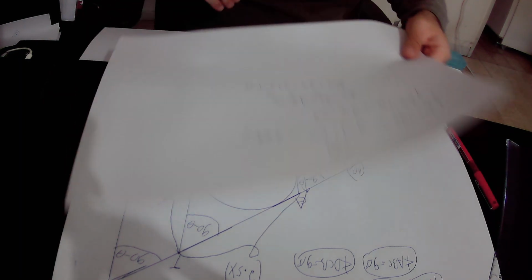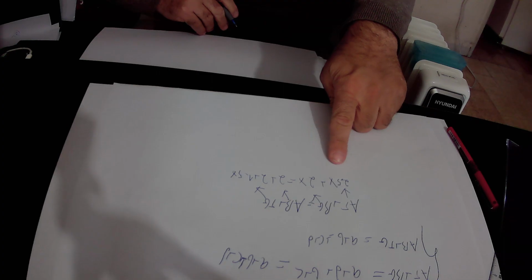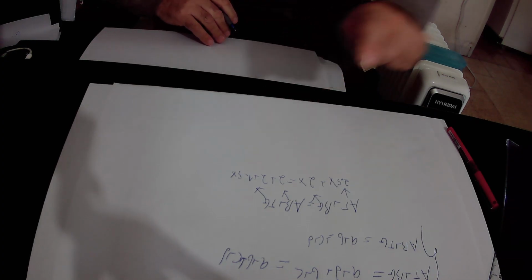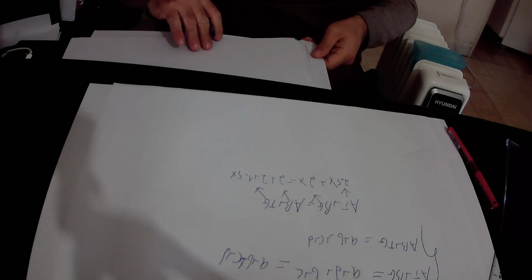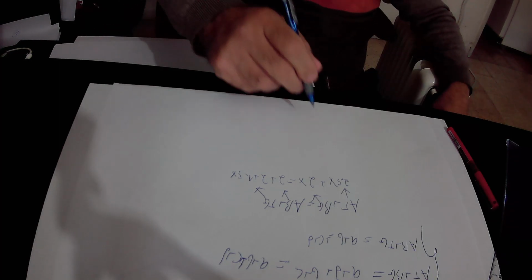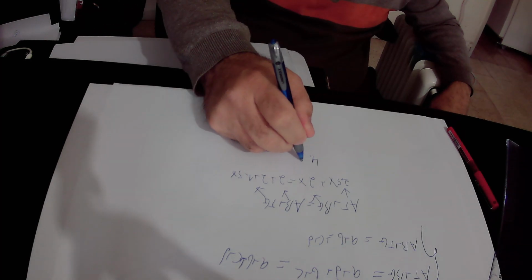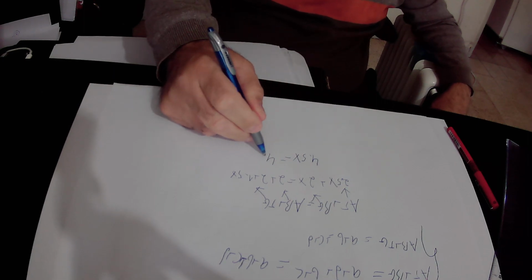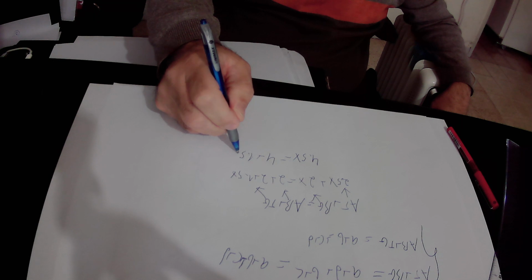So we actually found out that 2.5x plus 2x equals 2 plus 2 plus 1.5x. 2.5x plus 2x is 4.5x, and it is equal to 2 plus 2, which is 4, plus 1.5x.